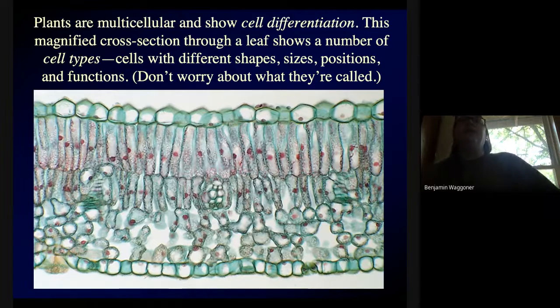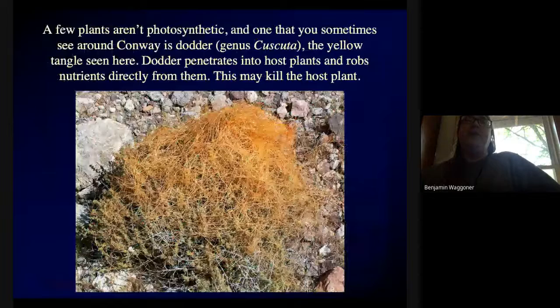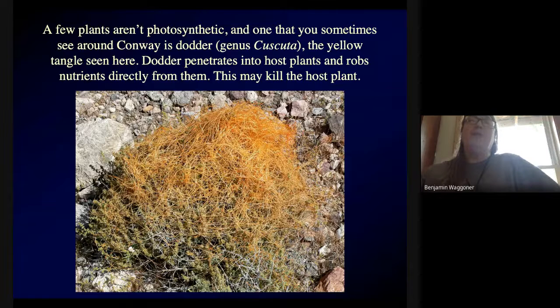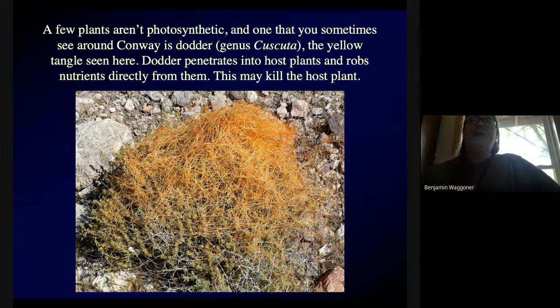I mentioned there's a few plants that are not photosynthetic, and this is one that I've actually seen. I've got some horse pasture not too far from where I live, and that had some little bushes in it a couple of years ago, and some of those bushes got hit by a plant called dodder, genus Cuscuta, and there's a bush under that tangle of golden filaments, that stuff that looks like golden, I don't know, fishing line or something like that.